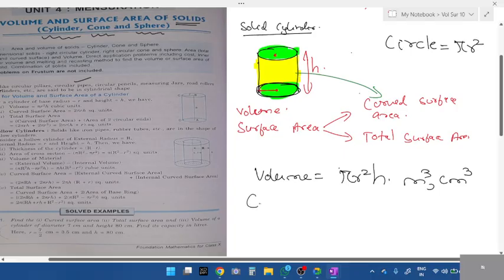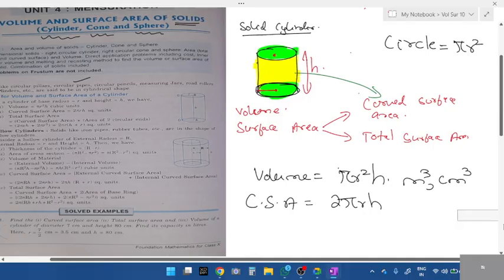Next, curved surface area. When I talk about curved surface area, it is only the curved value. So basically a circumference. What is the circumference of a circle? 2 pi r, right? Along with that, you have to multiply by height. I'll tell you why height. Look here.